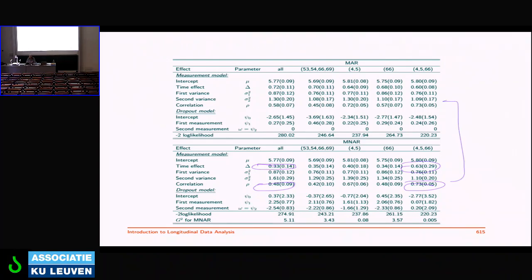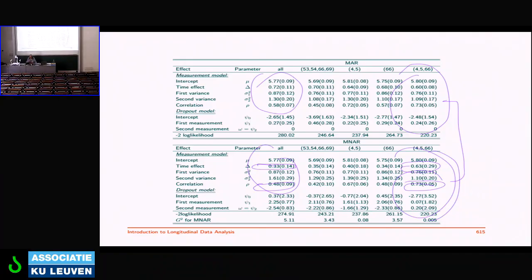And interestingly here, with the removal of 4, 5, and 66, parameters before and after fitting the MNAR model versus the MAR model are fairly similar, which was not the case here. So that tells us, looking at the likelihood ratio and the similarity of the parameters, that really those observations that were responsible for giving the impression of a missing not at random mechanism, those observations have gone and nothing is left of missing not at random.